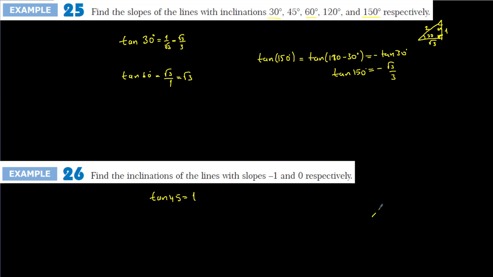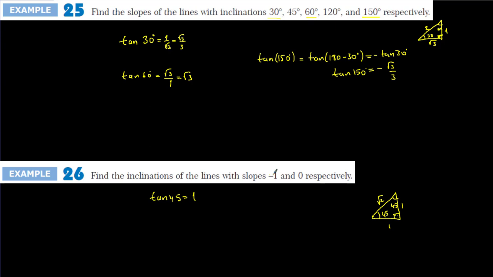How was it 1? Remember the isosceles right triangle with 45 degrees and a 90 degree angle. The legs are both 1, so tangent 45 is opposite over adjacent, 1 over 1, equal to 1.